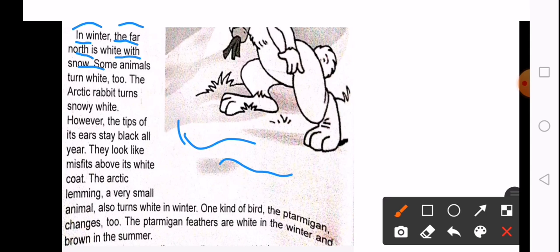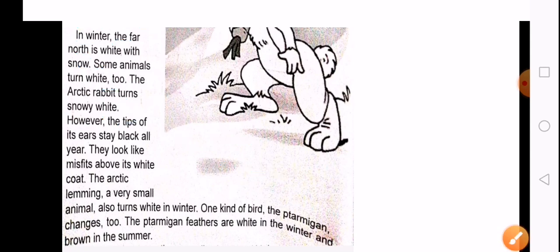The Arctic rabbit turns snowy white. We talked about the rabbit, okay, in the introduction and the beginning of the lesson. However, the tips of its ears stay black. Let's go back to the picture.